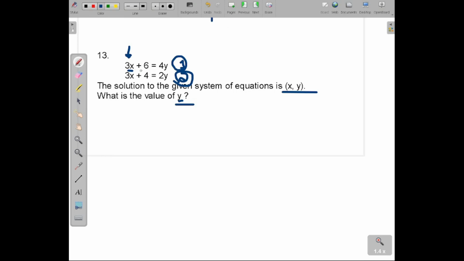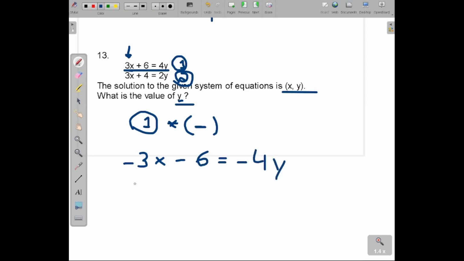So since these two are the same, 3x and 3x, we could multiply one by a negative. So let's say the first equation times negative. If we multiply all the terms of the first equation by negative, we'll get minus 3x minus 6 equal to negative 4y.